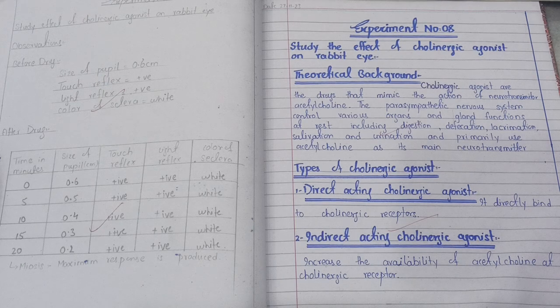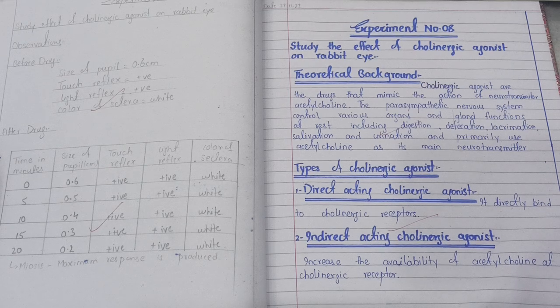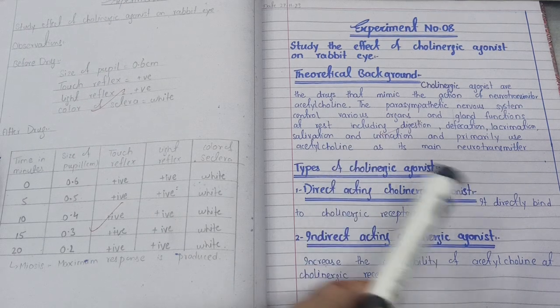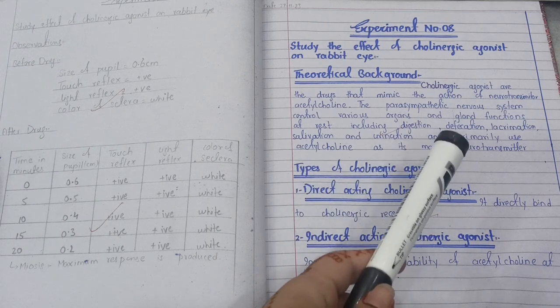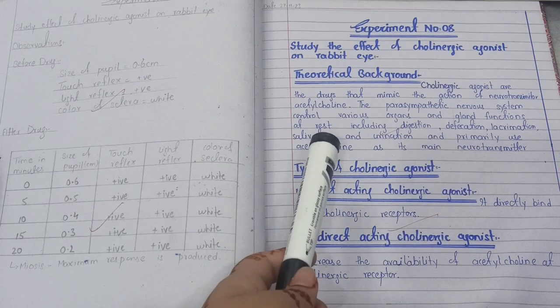Cholinergic agonists are acting on the cholinergic receptors, and they are mimicking or increasing the action of your parasympathetic nervous system or your neurotransmitter, which is called acetylcholine. So the parasympathetic nervous system controls various organs and glands and their function at rest.